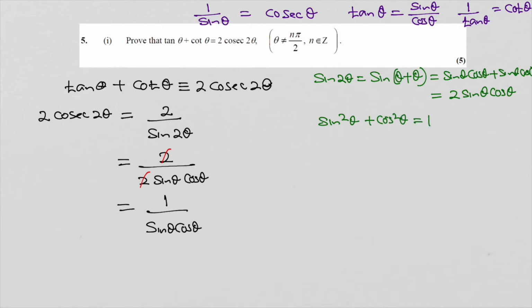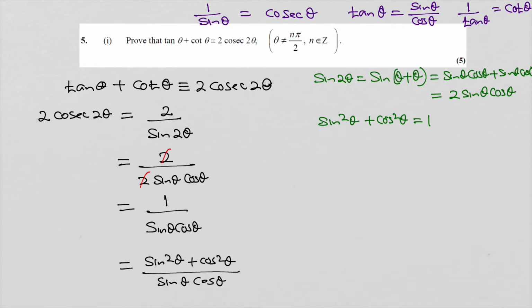So I'm going to replace the 1 on top here with sine squared theta plus cos squared theta over sine theta cos theta. I'm also going to divide both numerator and denominator by cos squared theta.